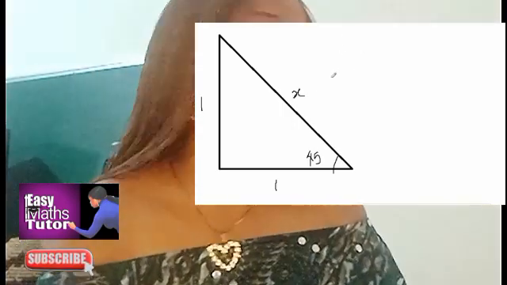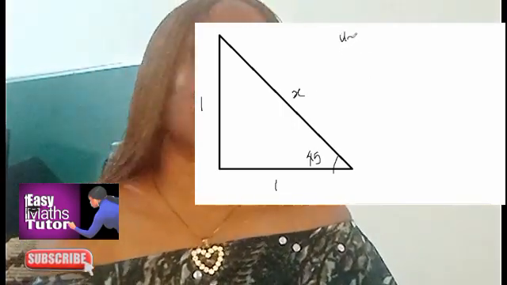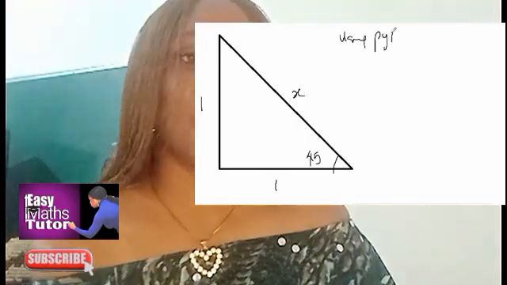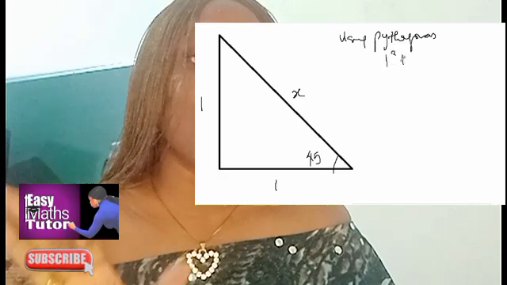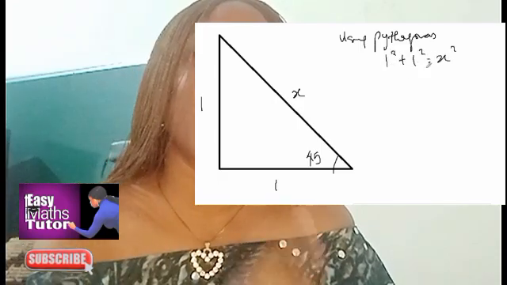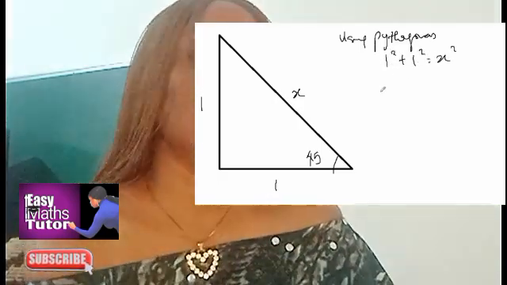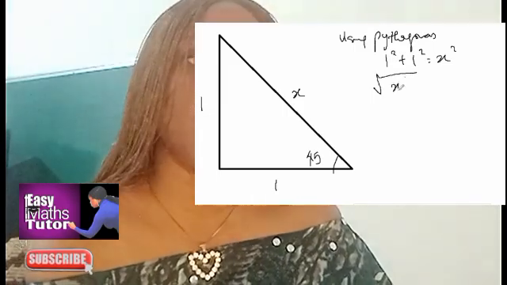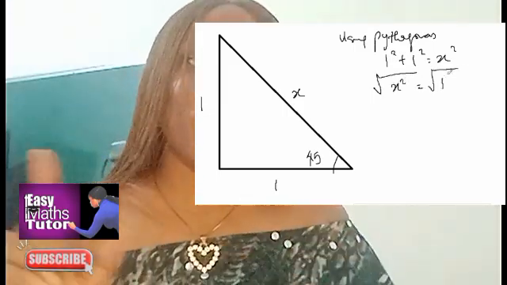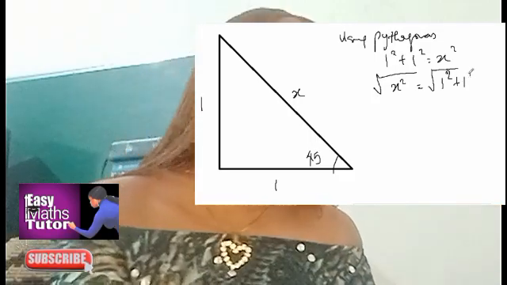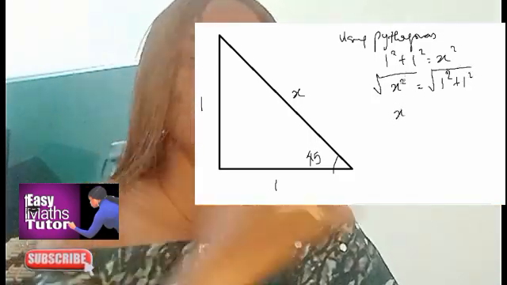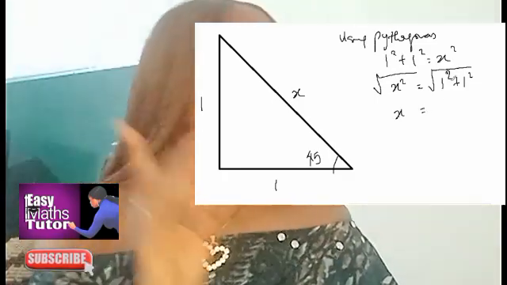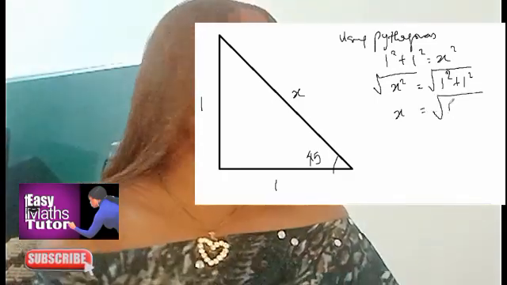So using Pythagoras theorem, which means the sum of the squares of the two sides of a right angle triangle is equal to the square of the hypotenuse, we have 1 square plus 1 square equals x square. Taking the square roots of both sides, x equals the square root of 1 plus 1, which means x is the square root of 2.